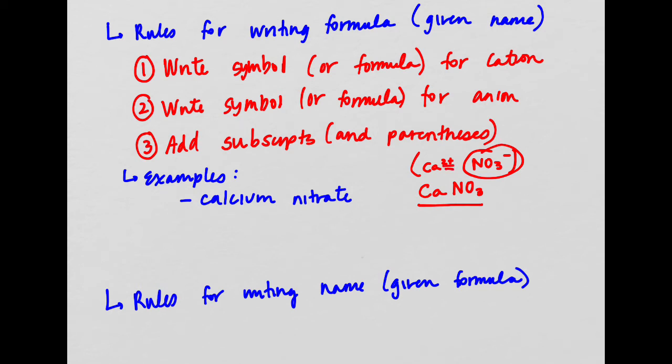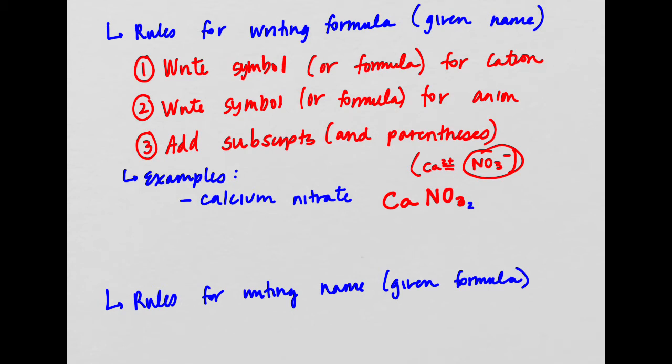So in order to do that, let's move this over here. In order to write this so that it shows that we have 2 nitrate units, I cannot just write another subscript here, because that looks like 32.